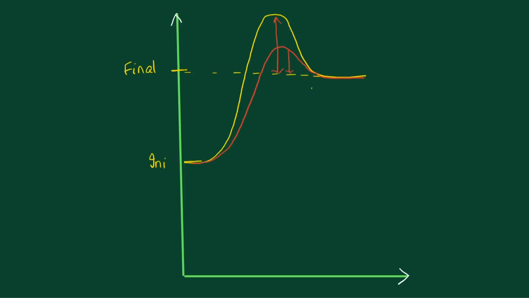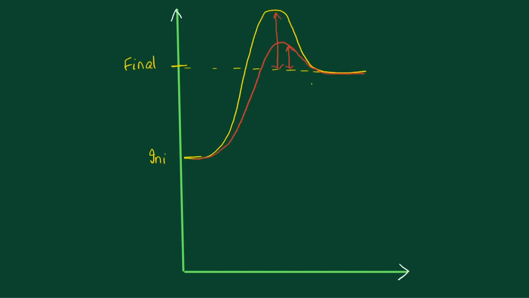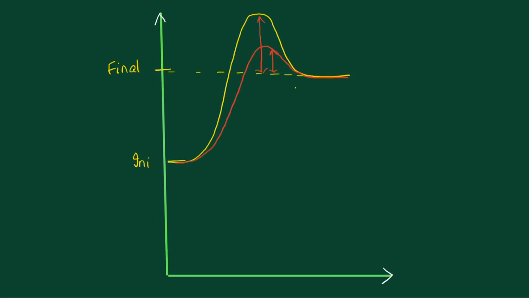You see the difference? So, like I explained to you in the earlier videos, this is the energy coordinate of the graph, and your x-axis is the reaction coordinate.